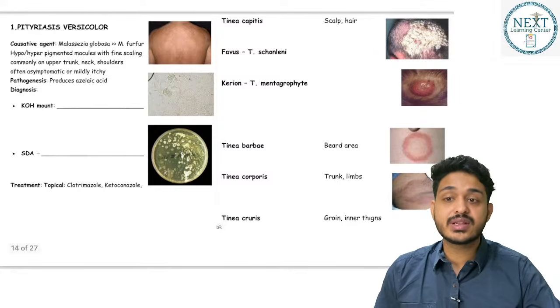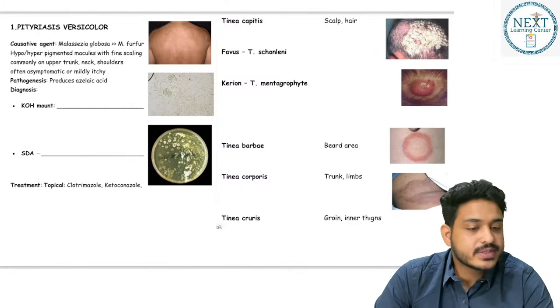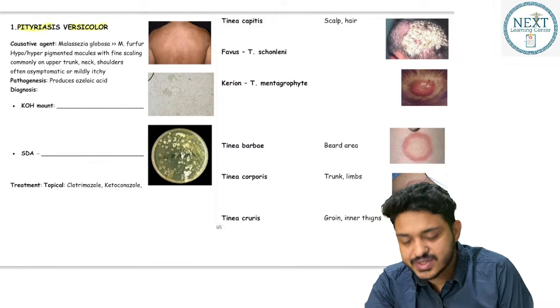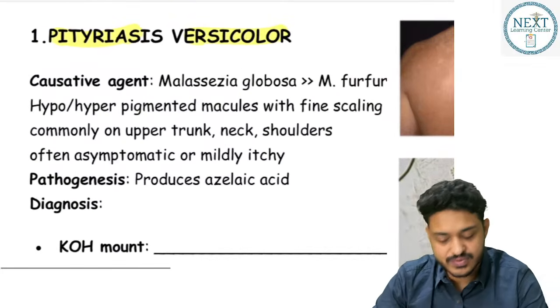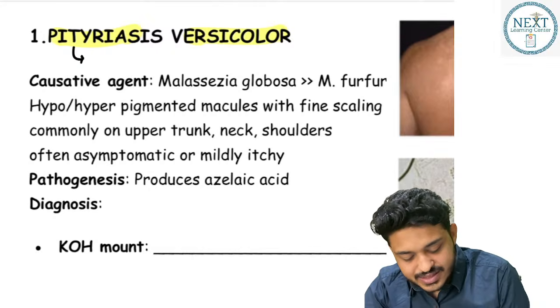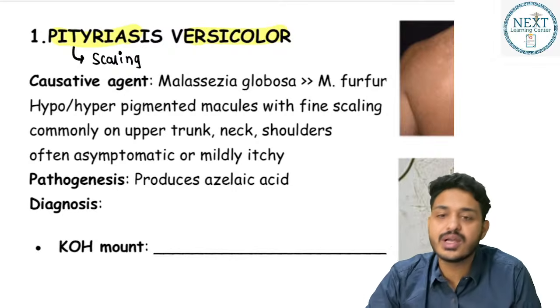The next important thing is about the fungus. The first fungal infection we are having is going to be your pityriasis versicolor. Pityriasis का मतलब क्या होता है? Pityriasis rosea, pityriasis versicolor, multiple pityriasis we are having. Pityriasis means what? Scaling. Scaling means what?